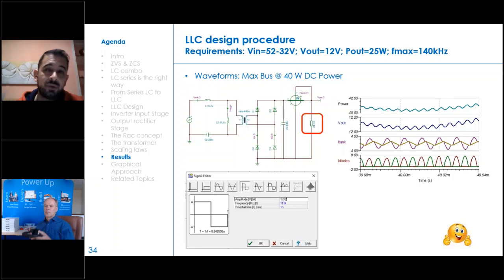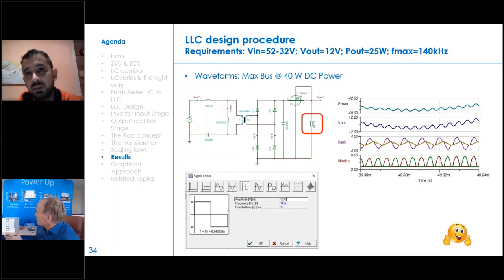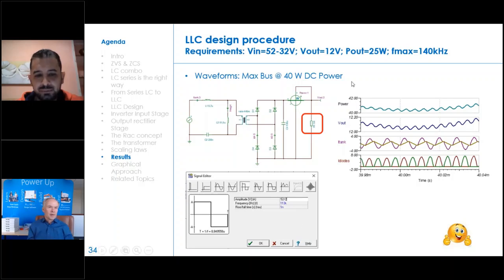Why 40 watts? 40 watts because we have calculated 80 watts peak at the input bridge section. So when you switch beyond the rectifier stage, you get half. Be careful with the input generator here. This is a square wave with the amplitude scaled by a factor of 2, taking into account the half-bridge inverter input stage.